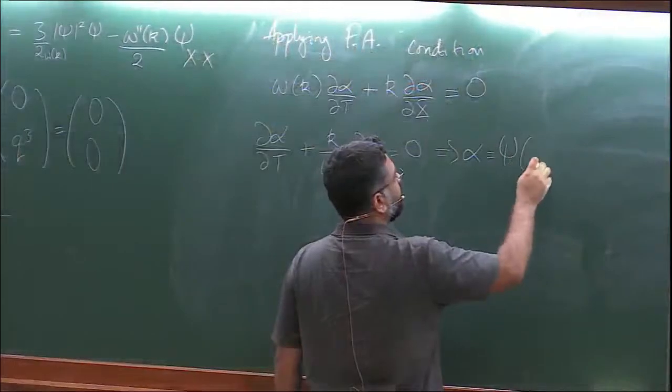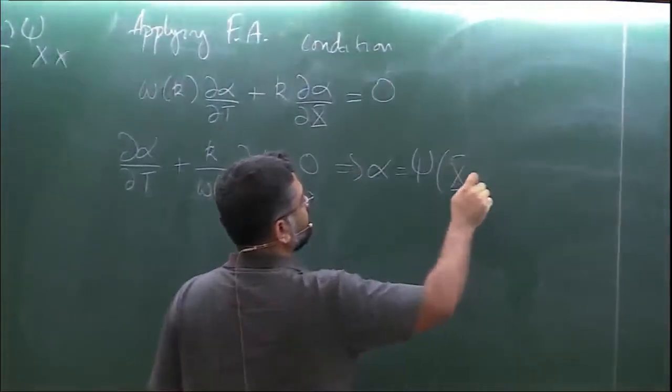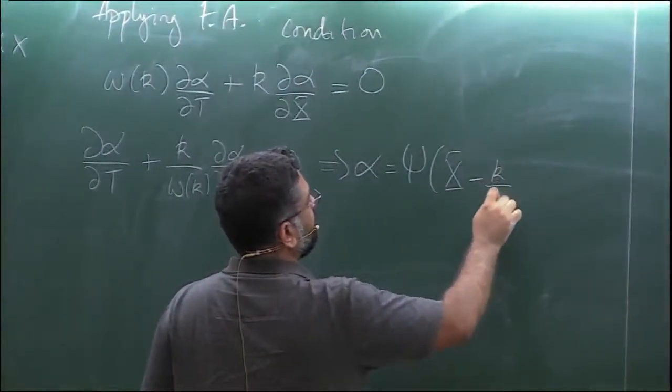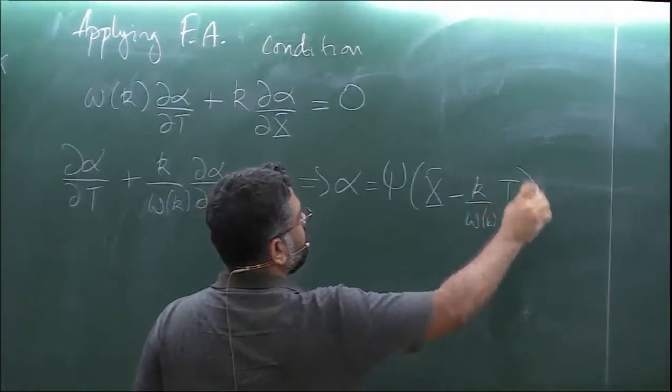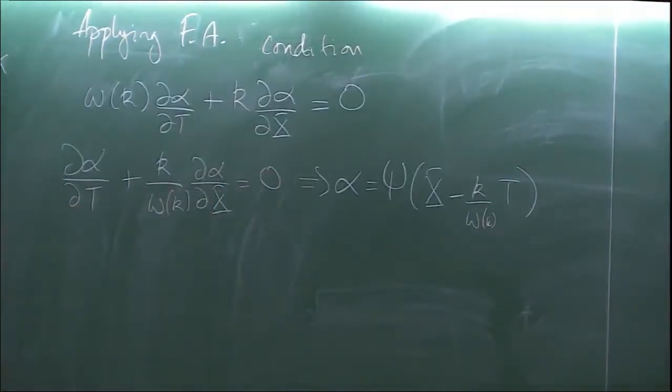So what then this says is alpha should be some function psi of x minus k by omega k t. Any function psi. Right? Any function psi. You give me a function psi, and this combination satisfies this equation.